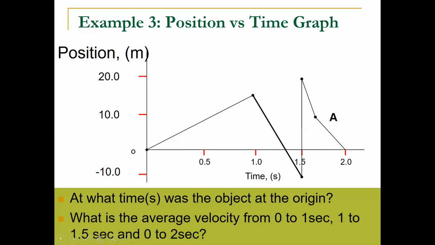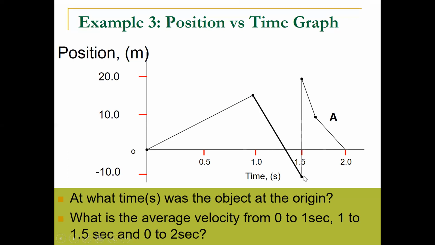Now we're looking at 1 to 1.5 second. So we've gone from 1 to 1.5. Now I want you to notice, what's the slope of that line? This one is negative. So you would have a negative velocity, which means you're approaching your origin. All right. We'll get into specifics about what negative and positive velocities look like graphically tomorrow. So we go from 15 to -10.